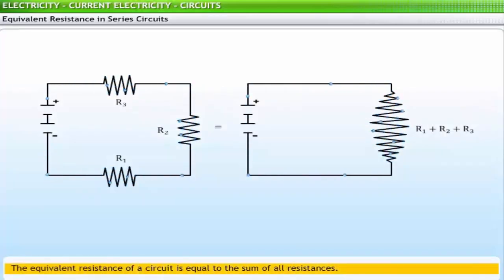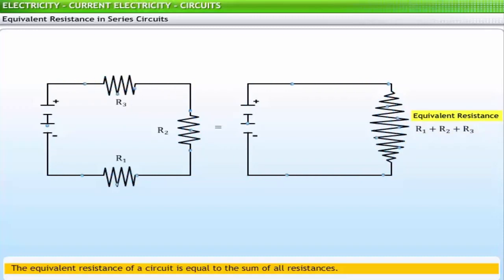There is a clear relationship between the resistance of the individual resistors and the overall resistance of the circuit. As far as the battery supplying the charge is concerned, the presence of three resistors R1, R2 and R3 in series is equivalent to having a single resistance equal to R1 plus R2 plus R3 in the circuit.